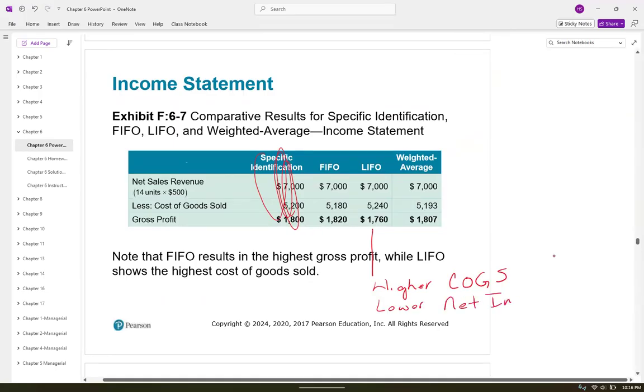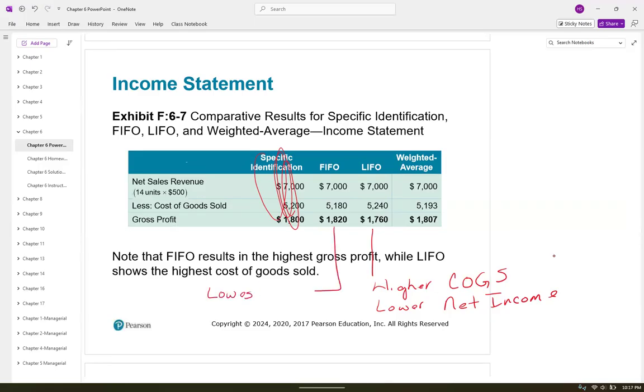If I'd have written these out, I would have put the average one right in the middle because you can see the number is right in the middle between LIFO and FIFO. And then let's talk about FIFO. FIFO creates the lowest cost of goods sold, which would create a higher net income.